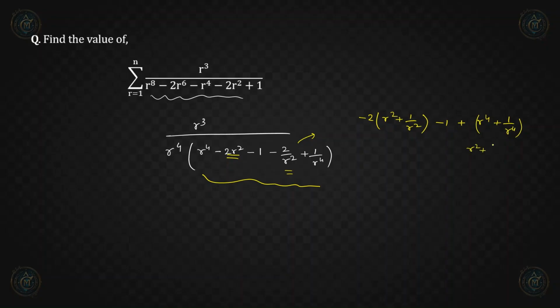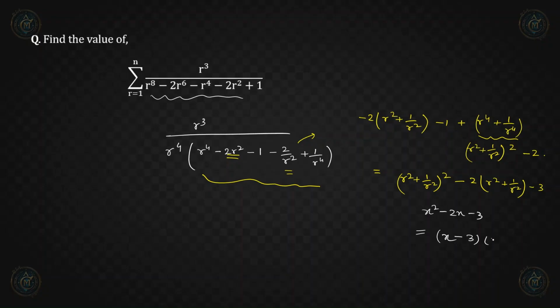This will be r square plus 1 by r square whole square minus 2, right? That means we get simply r square plus 1 by r square, this whole square. Then we have this minus 2 times r square plus 1 by r square minus 3, right? So we can call this expression some x square minus 2x minus 3, right? And we can factorize this. This will be x minus 3 times x plus 1, right?